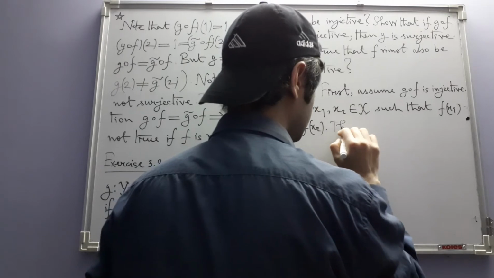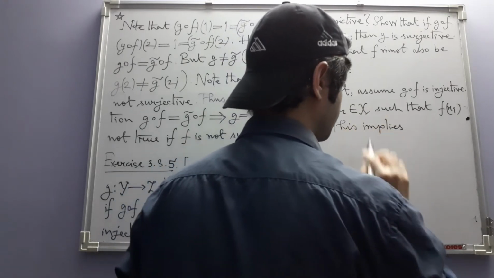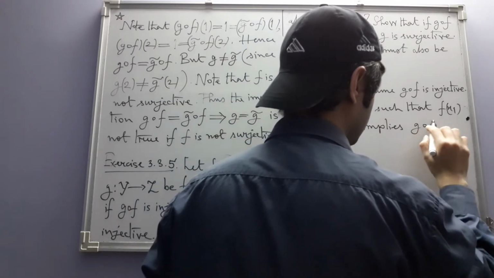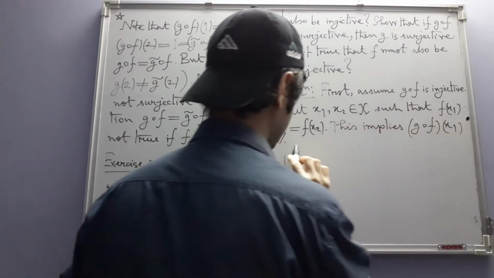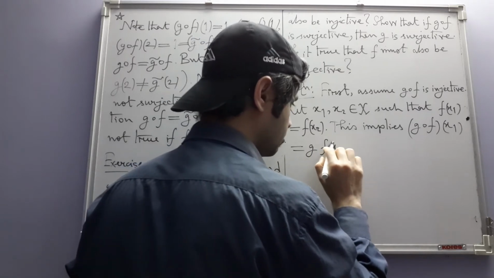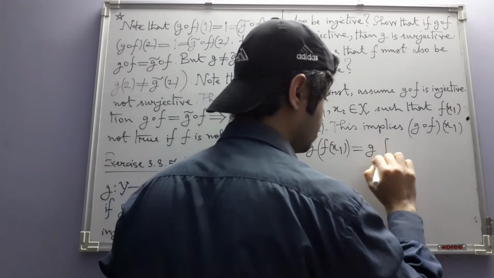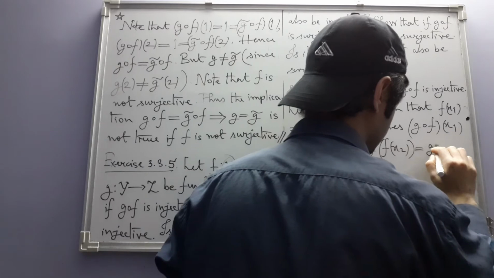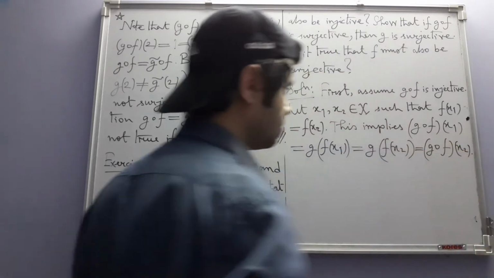This implies (G composition f)(x1) is equal to G of f of x1, this is equal to G of f of x2, this is equal to (G composition f)(x2).